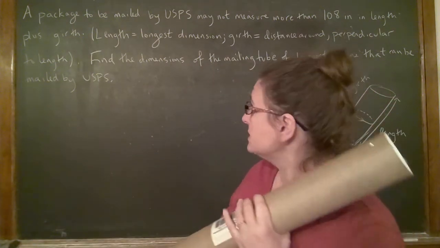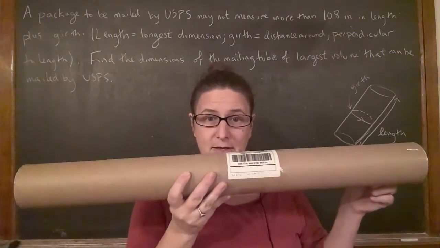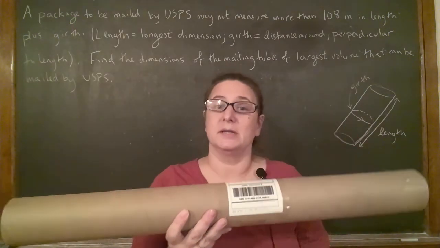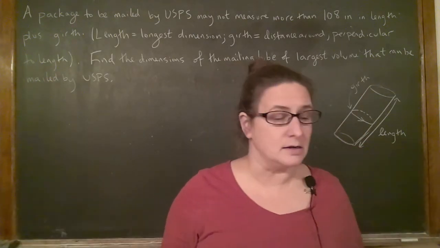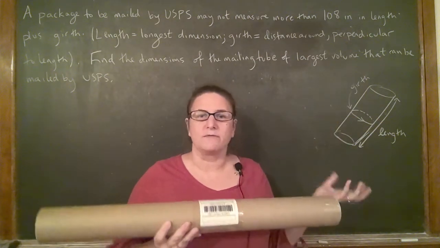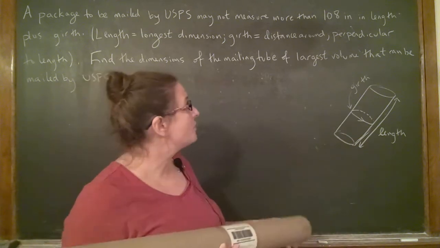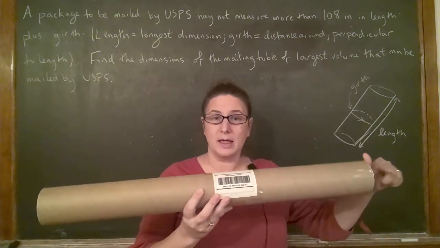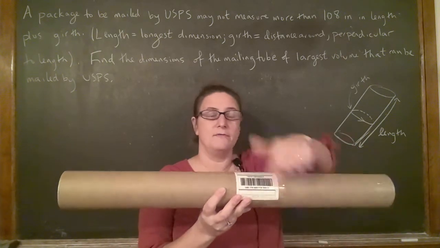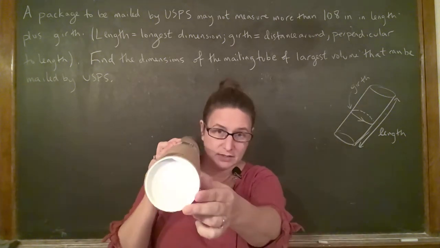What they do is they define length as the longest dimension and girth as the thickest part of it perpendicular to the length. So that allows them to define this for packages which are of odd, lumpy shapes. In this case, the length is just the height of the cylinder, and the girth, the distance around, is just the circumference of the cylinder.